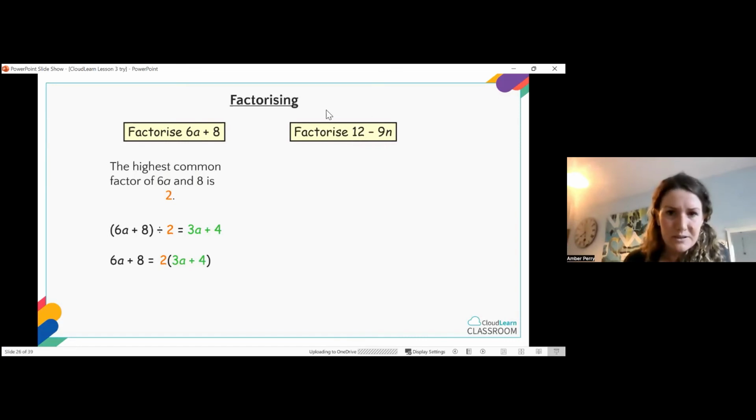So that tells us that it must be 3 that comes outside of the brackets there. Then we can simply divide both parts by 3 to figure out what's inside the brackets. So 12 divided by 3 is 4. And 9n divided by 3 is 3n. So that's minus 3n. Okay.